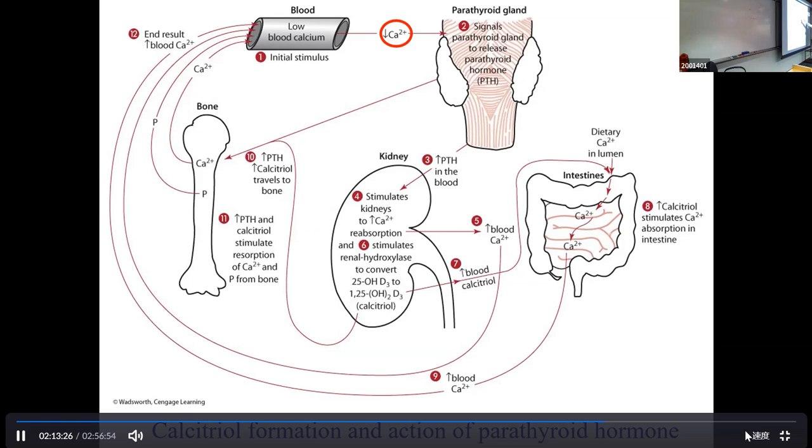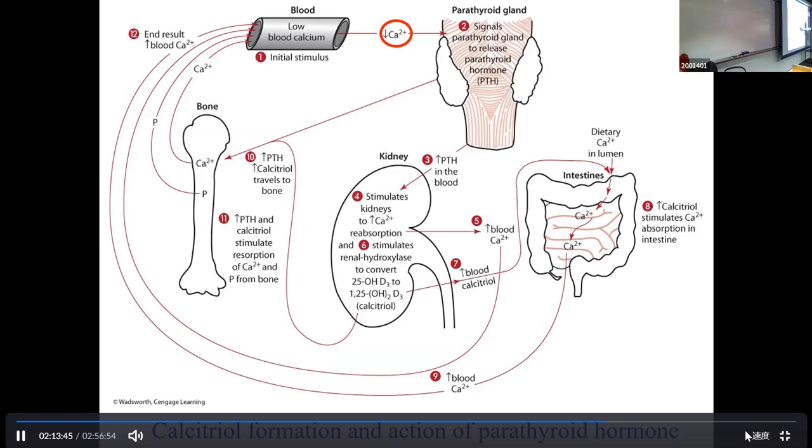Let's talk about the kidney first. Increased parathyroid hormone in the blood acts on the kidney. What does it do? Two things. It stimulates the kidney to increase calcium reabsorption, which is pretty straightforward.